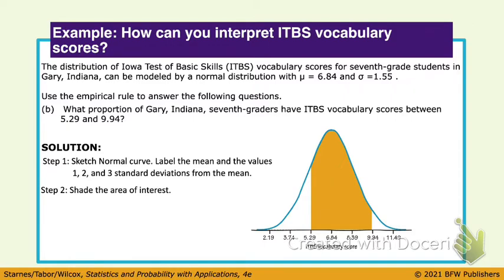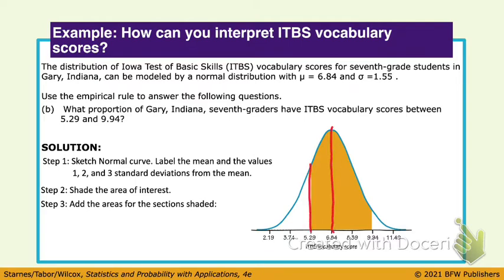And all we got to do is add up the areas of interest. So what percent of the data is from 5.29 to 6.84? Let me put the lines there. These lines will be helpful.